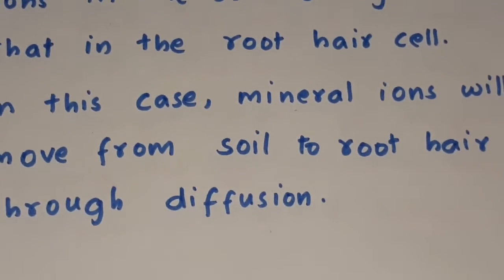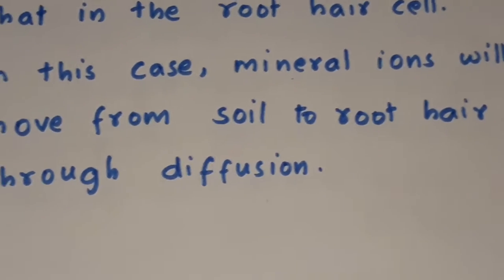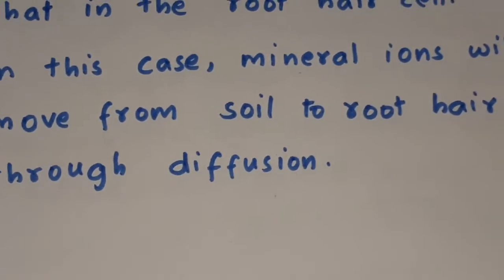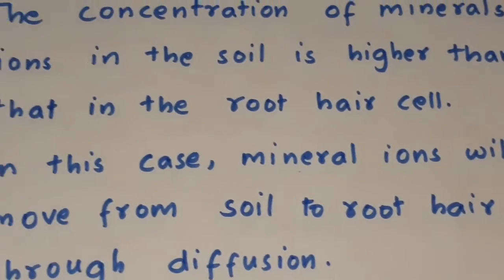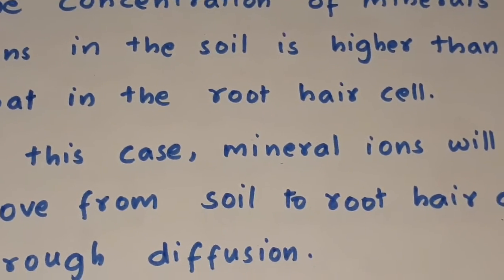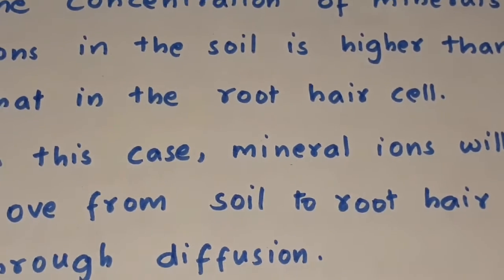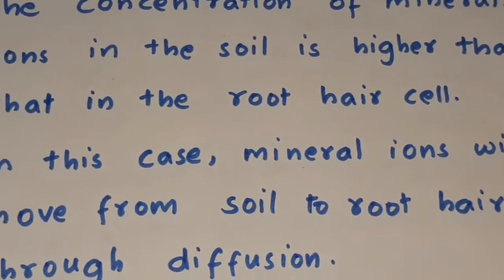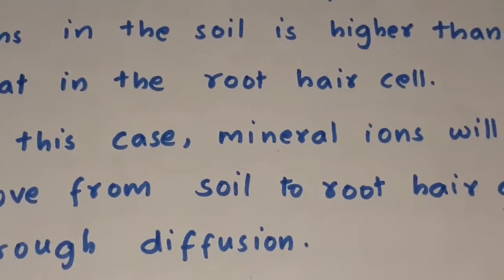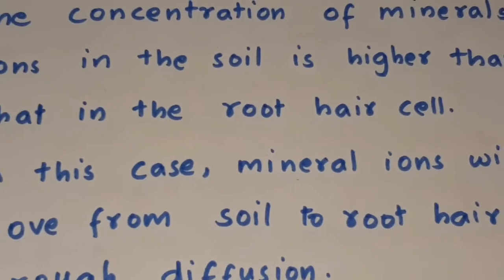In this case, mineral ions will move from soil to root hair through this process of diffusion, because we have seen what diffusion is, from the higher concentration to lower concentration, whether solid or liquid or gas. So these ions will move into the root hair cell because of that concentration gradient, because outside is more and inside is low. From high to low, this will move. That is how diffusion happens in plants.